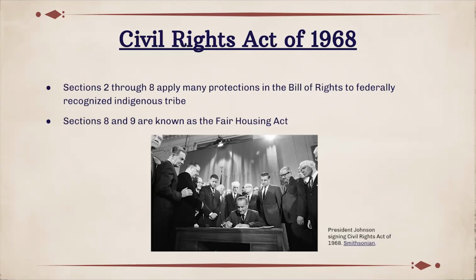And it prohibited the discrimination concerning the sale, rental, or financing of housing based on race, religion, national origin, and sex. And this was again due to action from many groups, including Black Americans, Mexican Americans, Indigenous Americans, and Jewish Americans, all of whom were facing unfair housing practices.